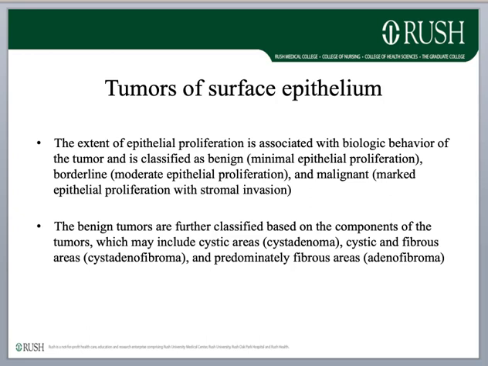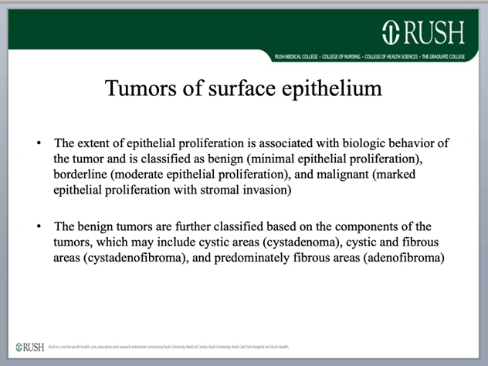The borderline tumors fall in a gray area in which there's moderate epithelial proliferation, and this indicates an intermediate but generally low risk of malignancy.